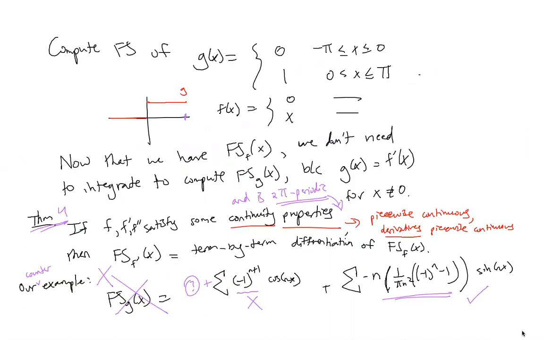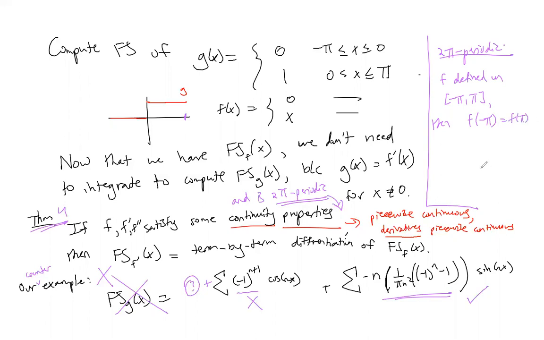So I'll write that over here. Say f is defined on negative pi to pi, then f of negative pi, I believe you want that to equal f of pi for it to be 2 pi periodic.